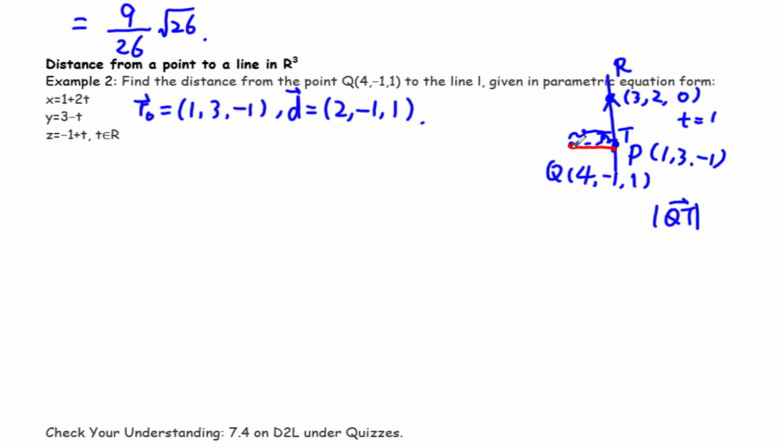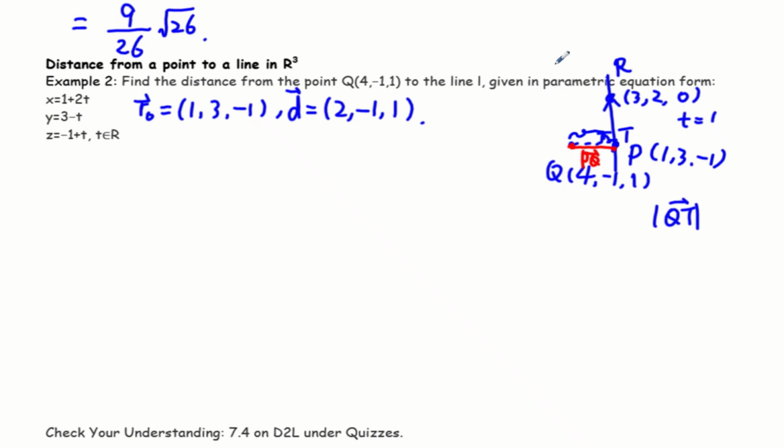So this is our vector PQ, and we want to find the distance of QT. We could find this kind of like the projection, but what we could do is use the area.